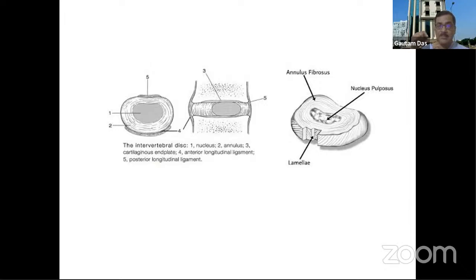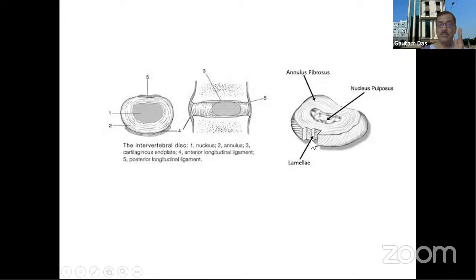The annulus is made of layers called lamellae. 15 to 20 layers, or lamellae, are there in the annulus. Fibrocartilaginous, they stand and they do not allow the two vertebral bodies to come closer. The vertebral bodies would try to come closer because the body is wet, but the annulus stands tough.